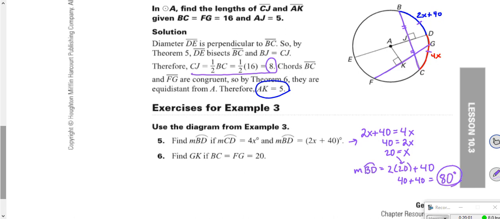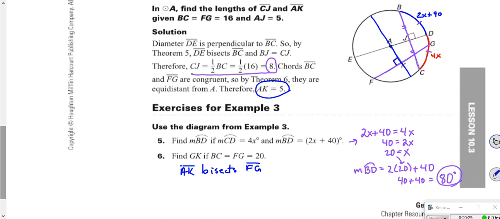Okay, let me draw this here. AK, notice it's perpendicular. They have that marked. If I extend that, because it hits the center, that is going to also be a diameter. Okay, so that means it's going to bisect FG. So AK bisects FG.